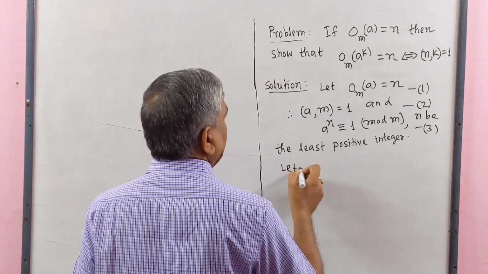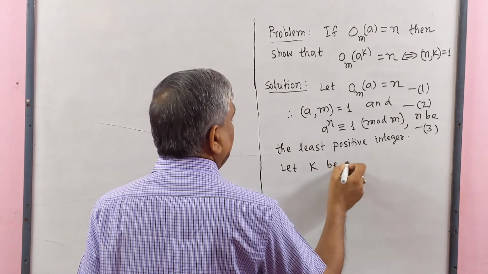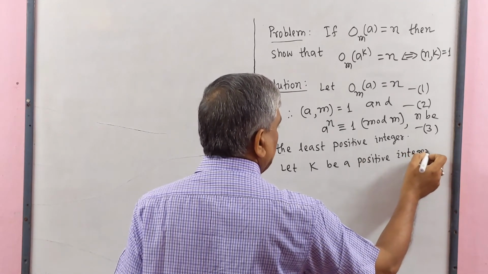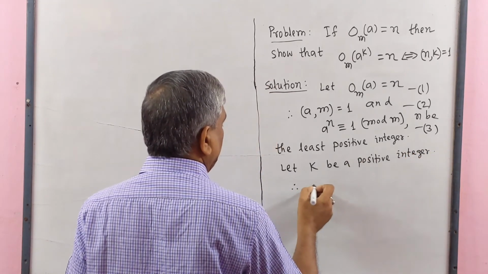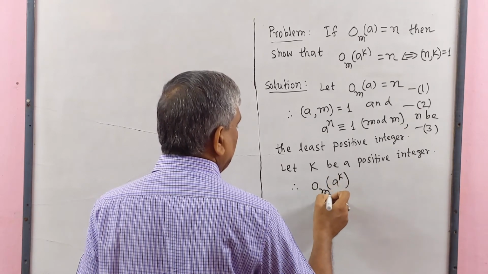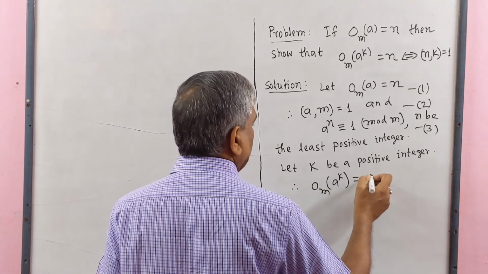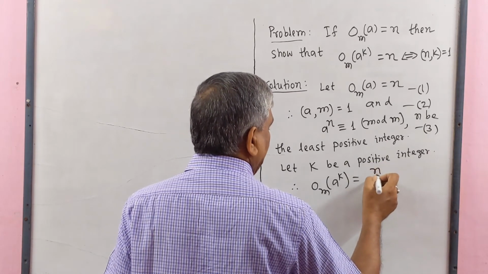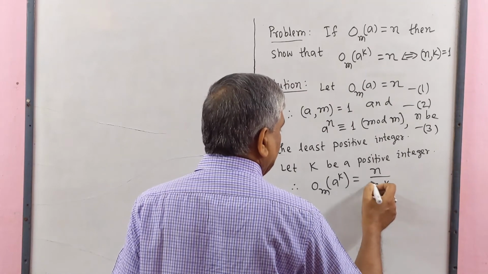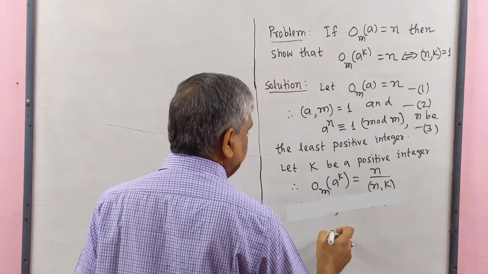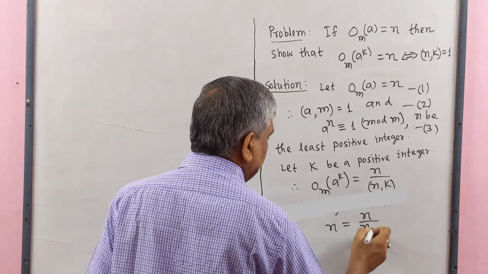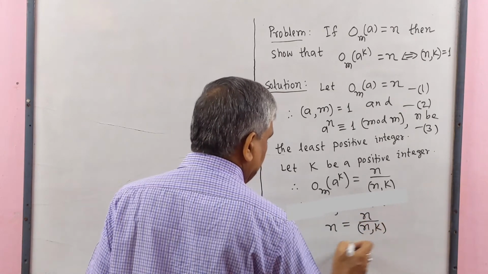Let k be a positive integer. Therefore, order of a to the power k modulo m equal to n by GCD of n and k. Here we write n equal to n by GCD of n and k.